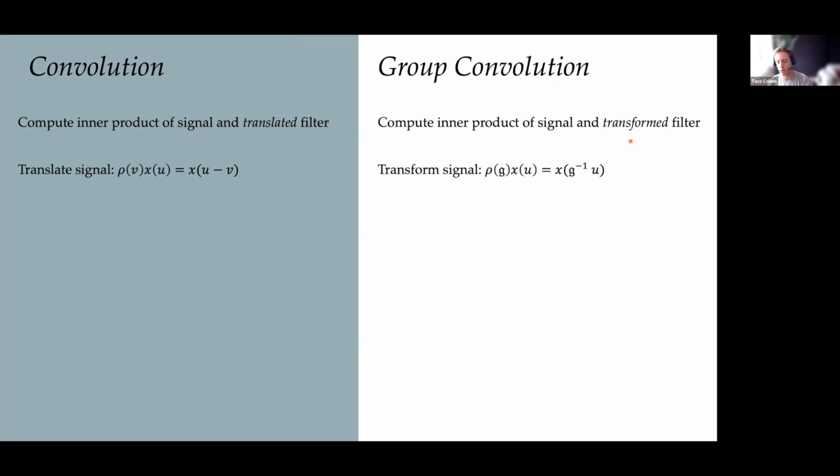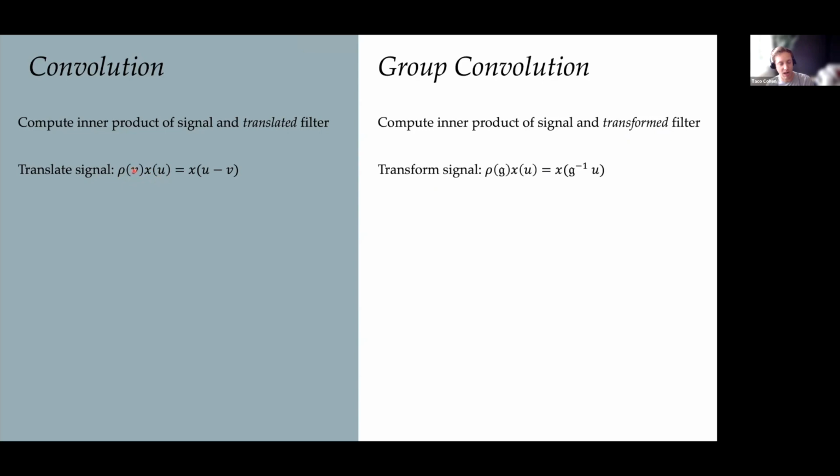All right, so mathematically, we're going to unpack this. And the first concept to unpack is, of course, this concept of translation or transformation applied to our signal or to a filter. Just to remind you of the notation, we have a signal x on our domain omega. u is an element of omega, so we can index our signal x at the point u.